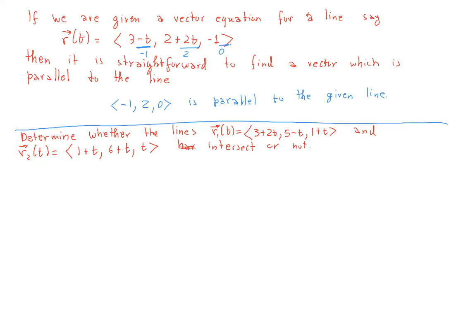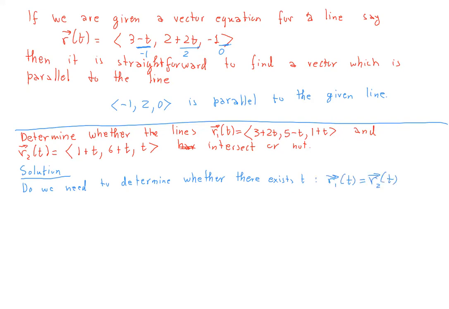Most people might look at it, at least for the first time, and think to themselves that they need to determine whether there exists t such that R1 of t is equal to R2 of t. That's what anybody would think at first.